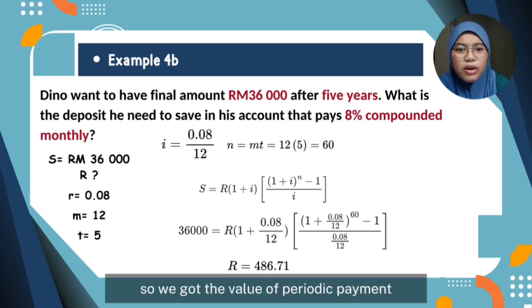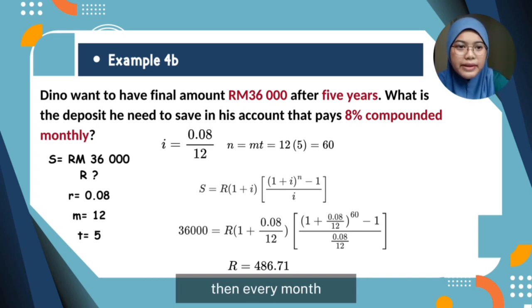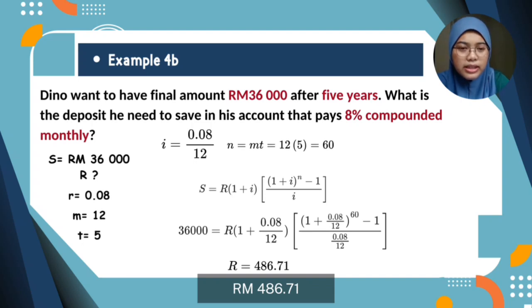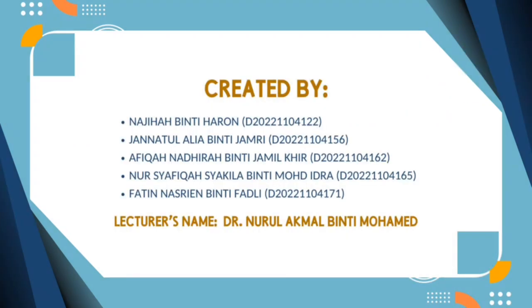So we got the value of the payment R is 486 ringgit and 71 cents. Then every month Dino needs to save in his account 486 ringgit and 71 cents to get 36,000 ringgit after 5 years. Thank you for listening, and we hope this video helped you to gain better understanding for this topic.